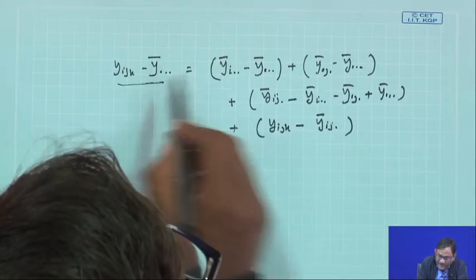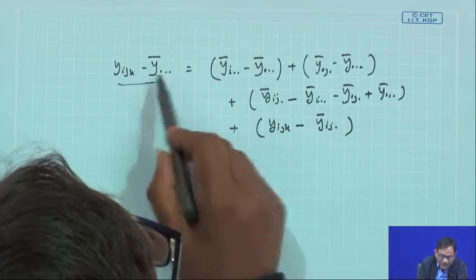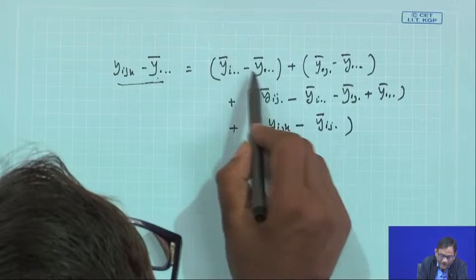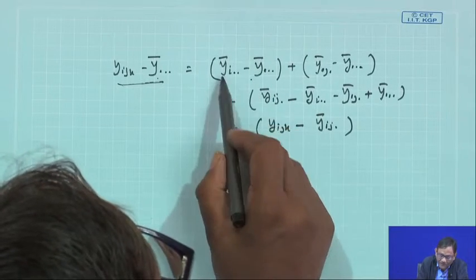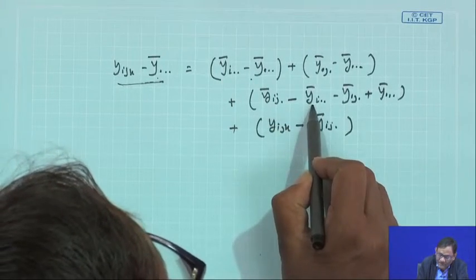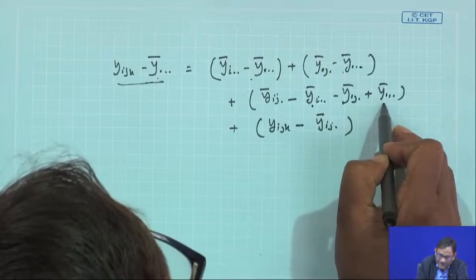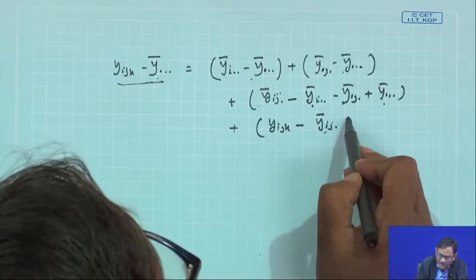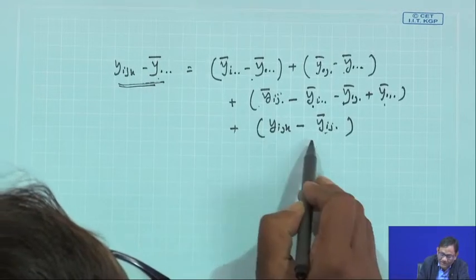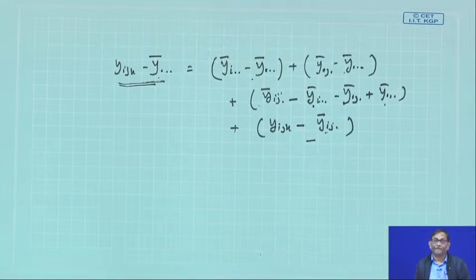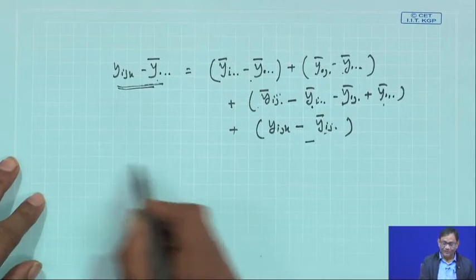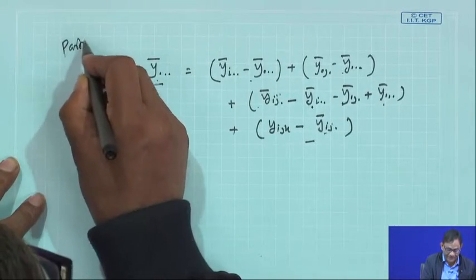Then the left hand side and right hand side will become equal. So, this and this will cancel out, this and this will cancel out, and so on, then this side and this side will be the same. So, this is known as partitioning the observations.